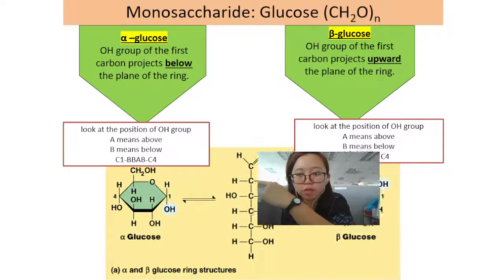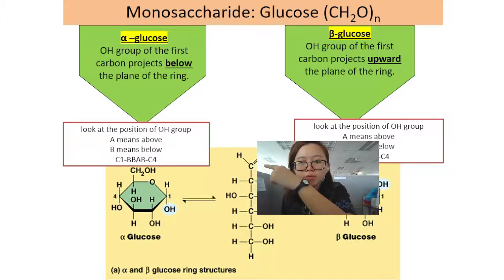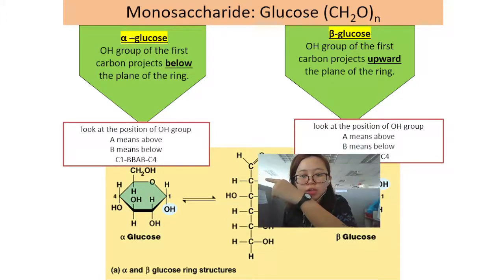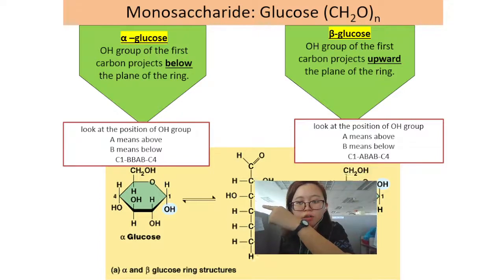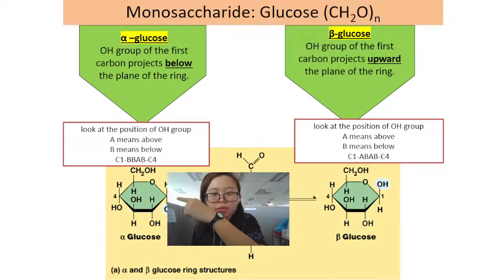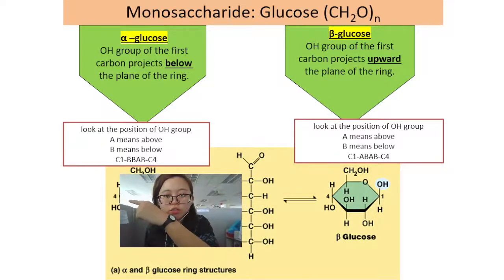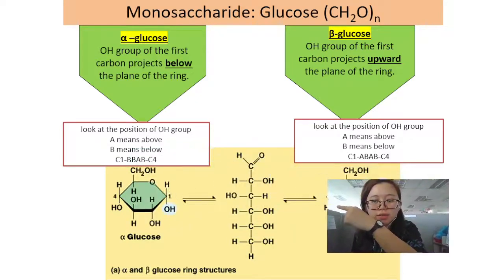If you look at it from the linear picture, kalau kamu tengok dari yang linear punya gambar, ini adalah first carbon, second, third, fourth, fifth, and sixth. Bila dalam ring, dia akan lipat. So, remember, this is 1, 2, 3, 4, 5, 6.